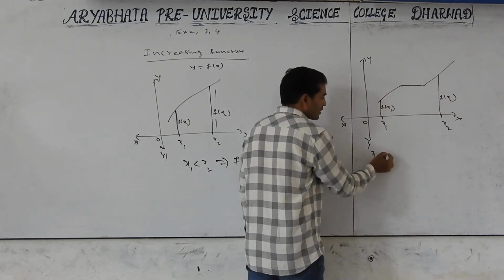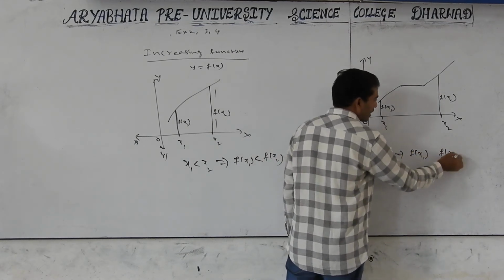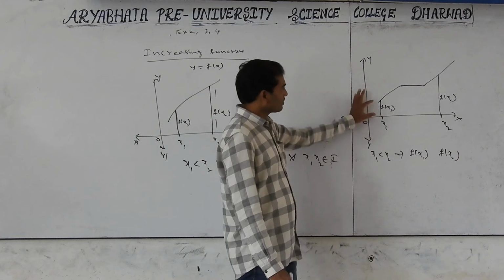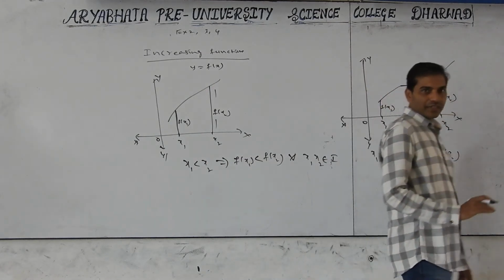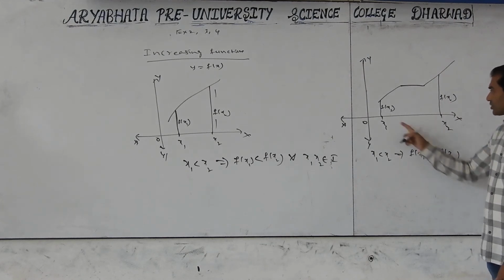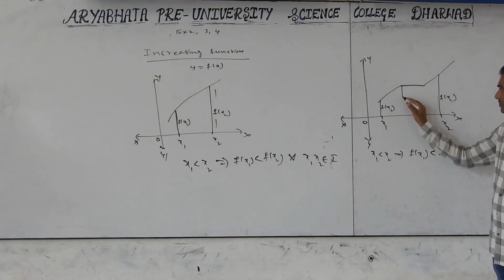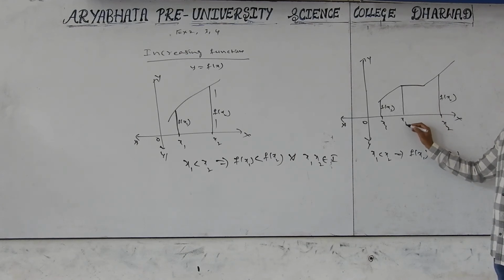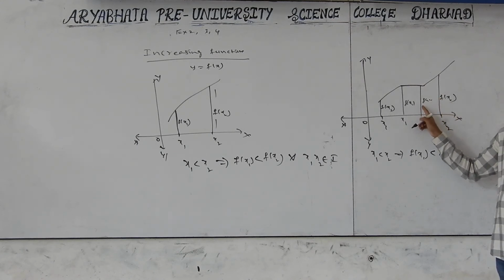x1 less than x2, then f of x1 and f of x2 relation, small and big, less than. But I said x1 and x2 belong to the whole domain. If I take x1 here and x2 here, then f of x1 and f of x2 are both equal.